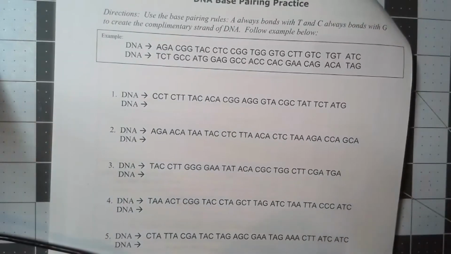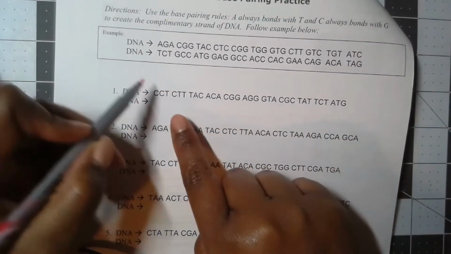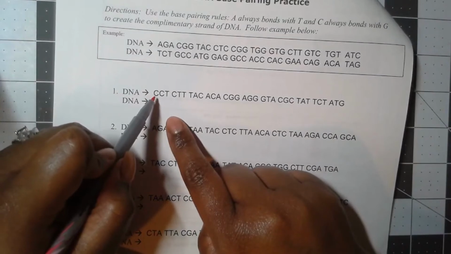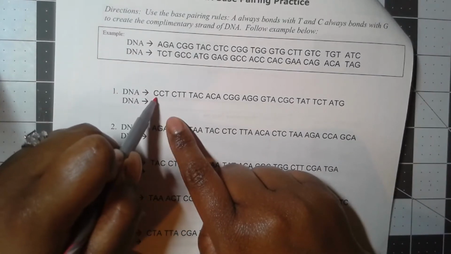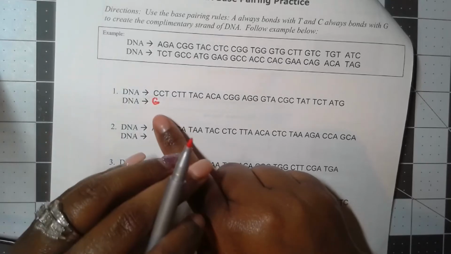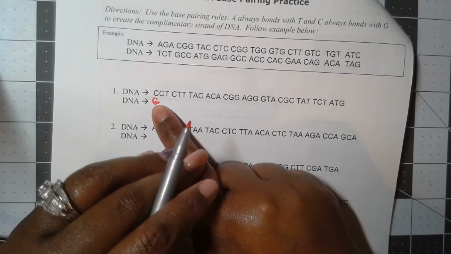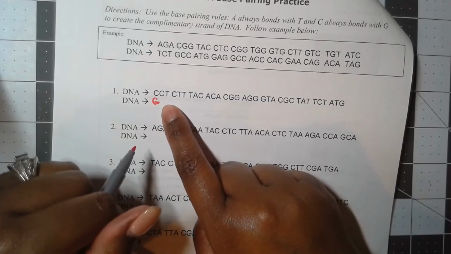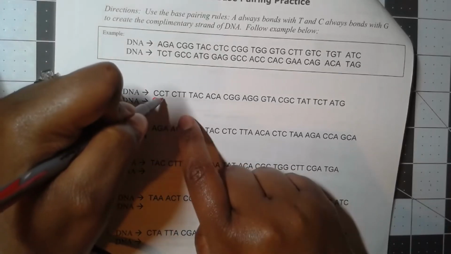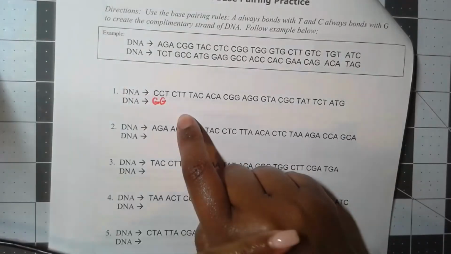So let's begin. I have the letter C, and C is going to pair with G, so I will write the letter G below the C. I have another C. It's going to pair with a G as well.